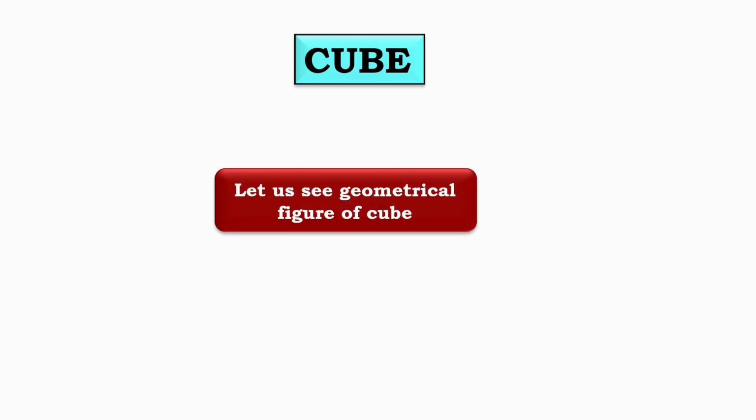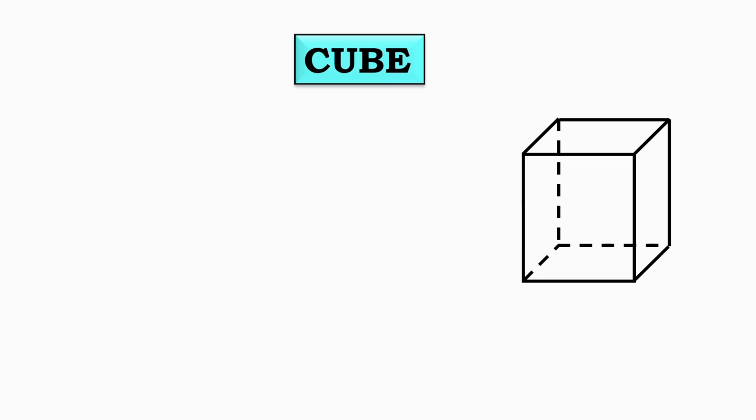Now let us see the geometrical figure of a cube. This is the geometrical figure of a cube. Similar to a cuboid, a cube also has 6 faces: 1, 2, 3, 4, 5, and finally the 6th face.